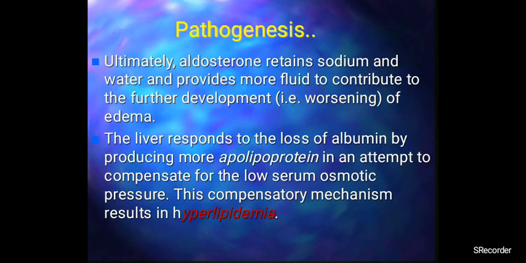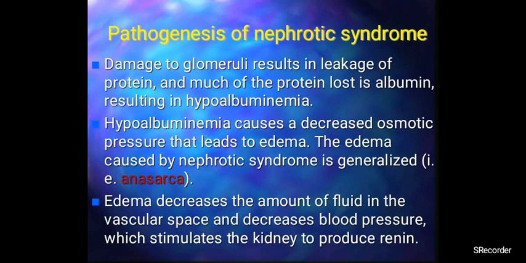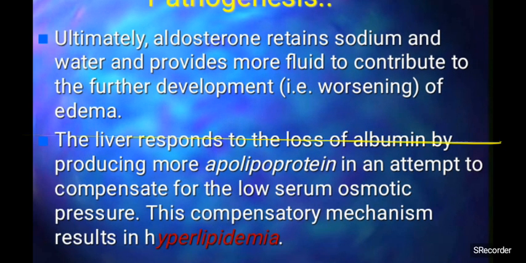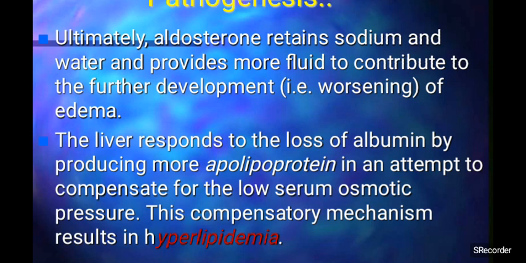To continue, what happens when the kidney produces renin? We shall have a production of aldosterone hormone, and this retains sodium and water and provides more fluid to contribute to further development of edema.